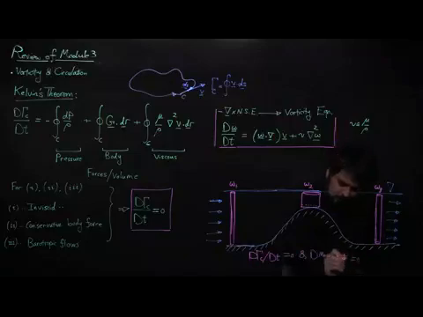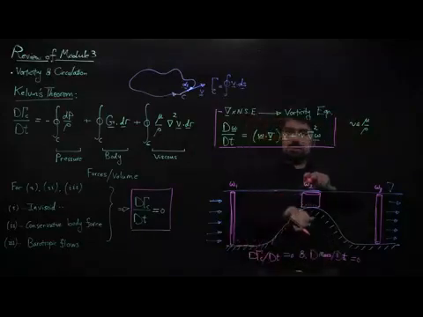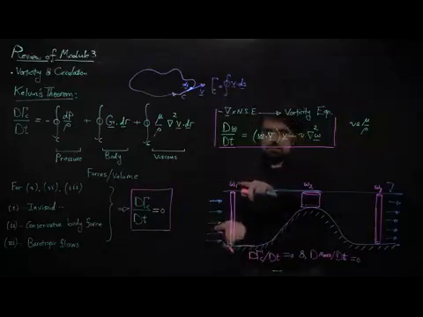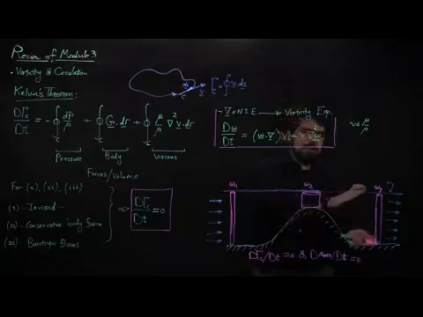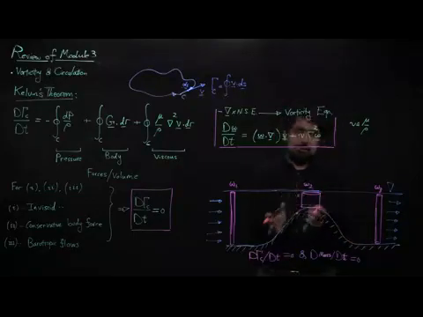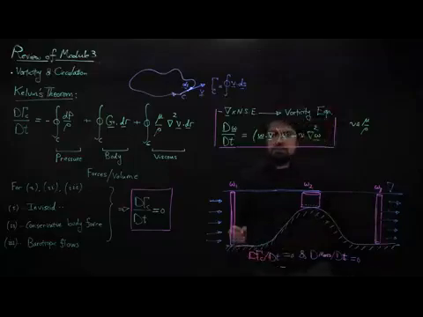So if we use these two conditions, we actually can reach an interesting conclusion. The conservation of mass tells us that the cross-sectional area has to increase. The vortex tube becomes wider as we reach the top of the bump, and then decreases again as we go around it.